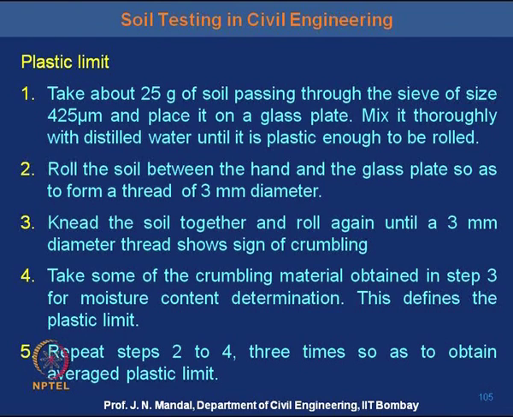Next, we can determine the plastic limit of the soil. Take about 25 grams of soil passing through the 425 micron sieve and place it on a glass plate, and mix it thoroughly with distilled water until it is plastic enough to be rolled.